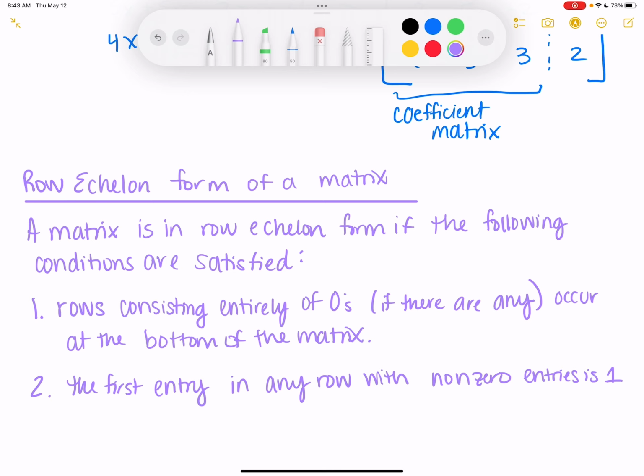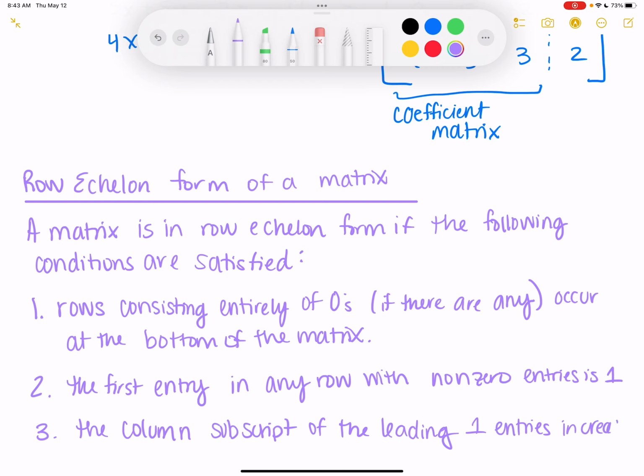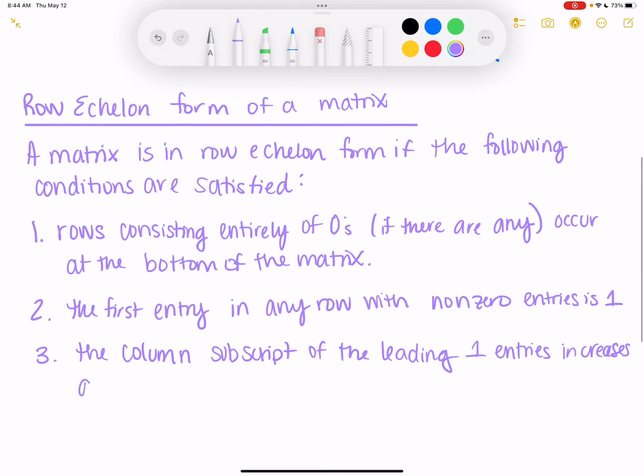And the last one is that the column subscript of the leading 1 entries increases as the row subscript increases.